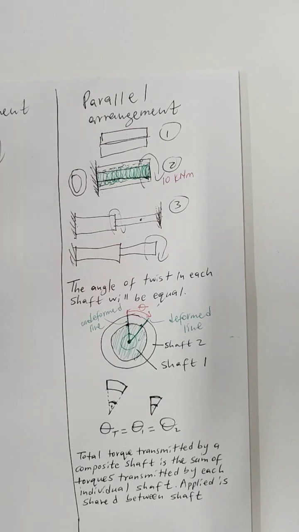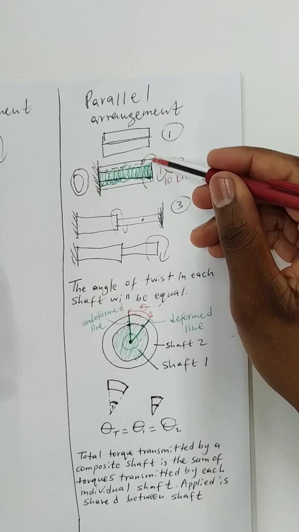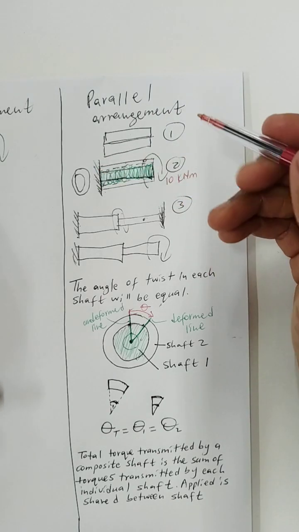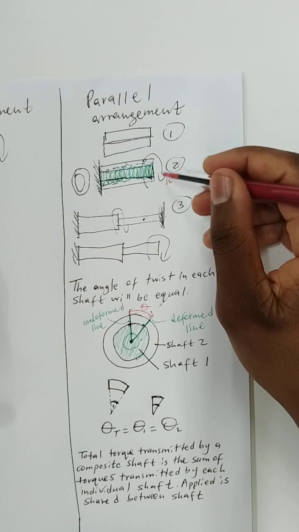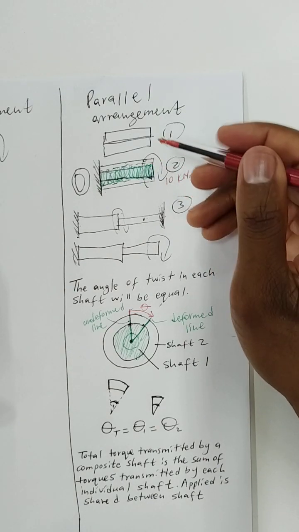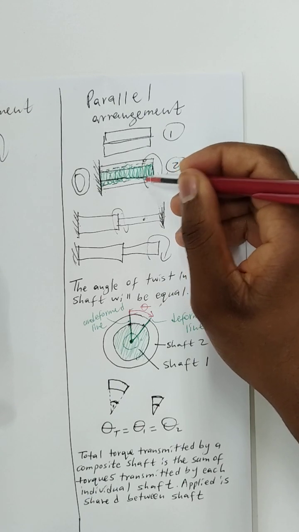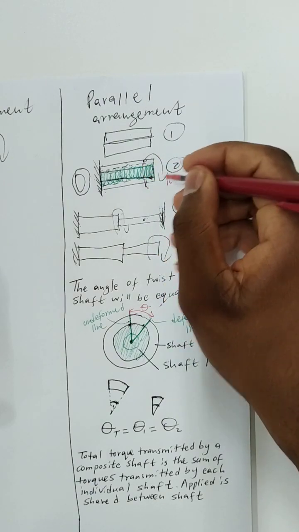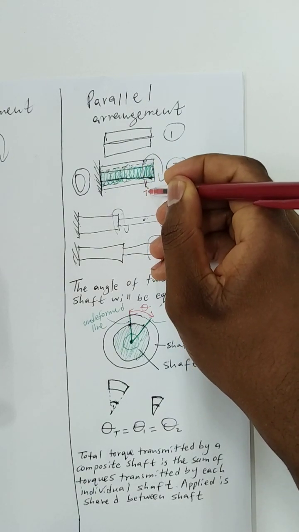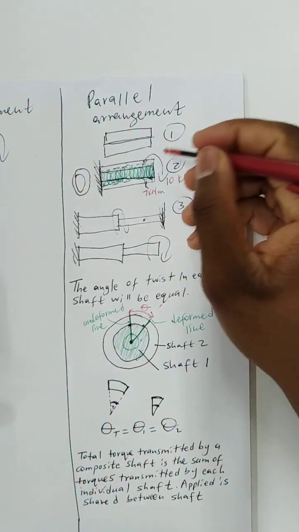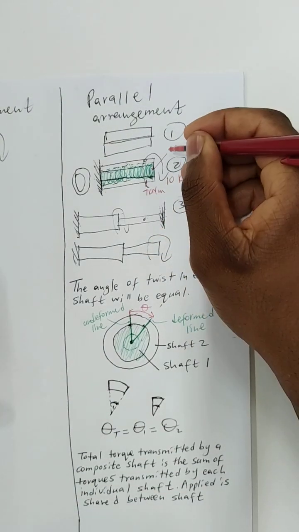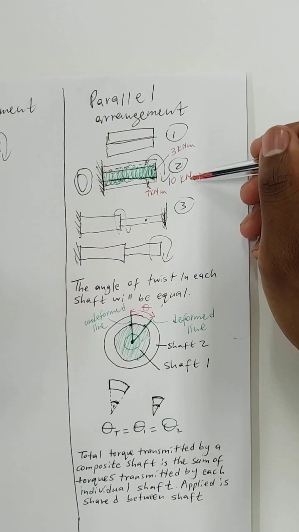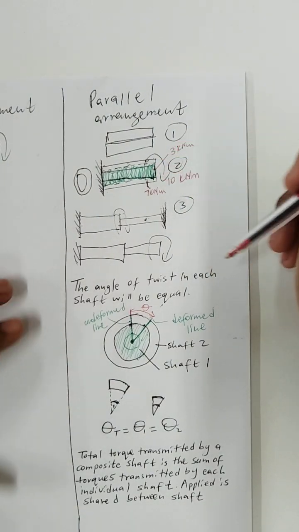The function of this shaft is to take that power from one point to another point. So we say that if the torque that you apply here is 10, then this shaft, maybe sleeve 1, the hollow one, is going to transmit, out of this 10, 7 kNm, and then this inner one out of this 10 is going to transmit 3 kNm. So these two shafts are going to share that torque.